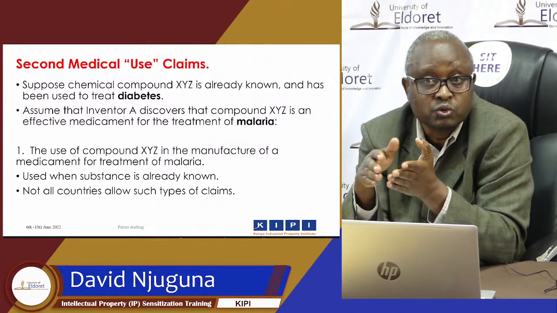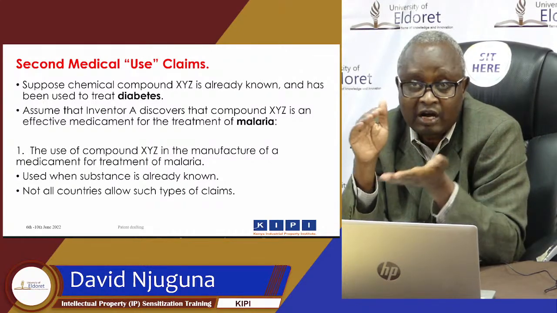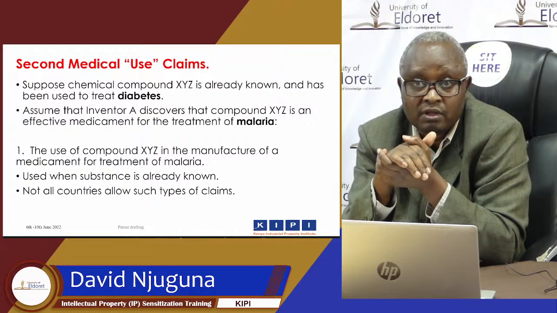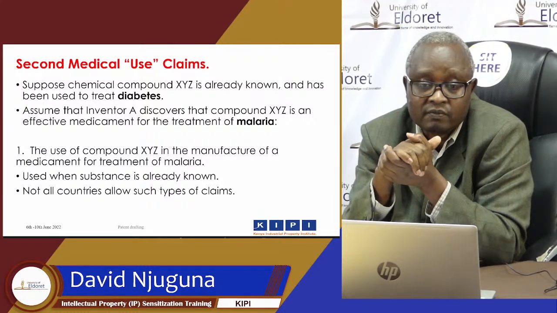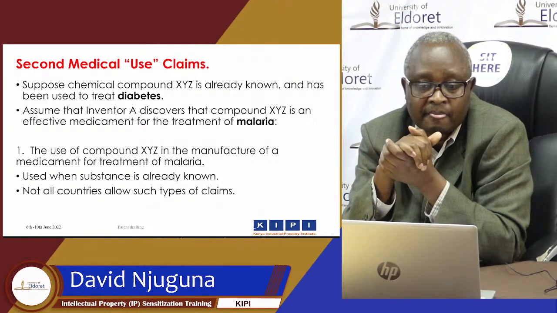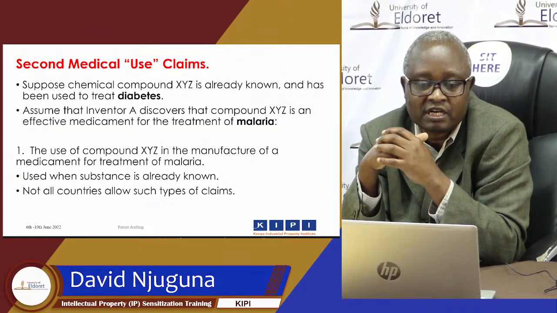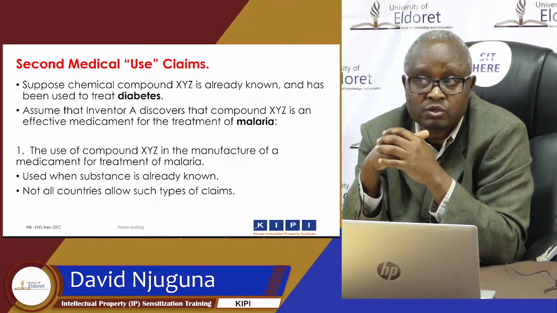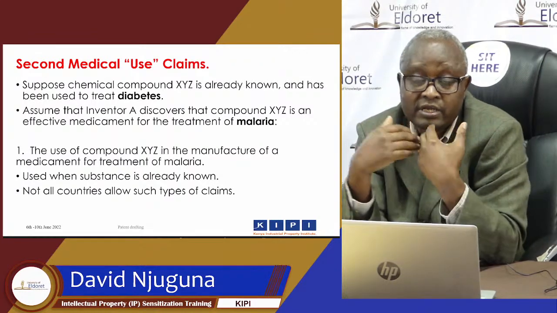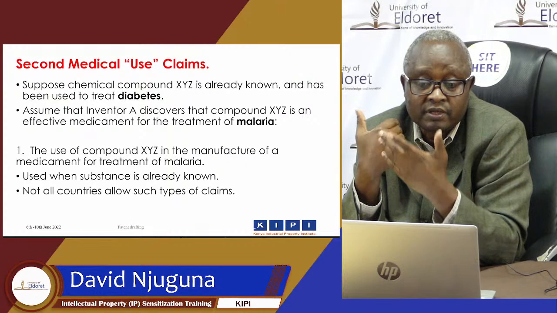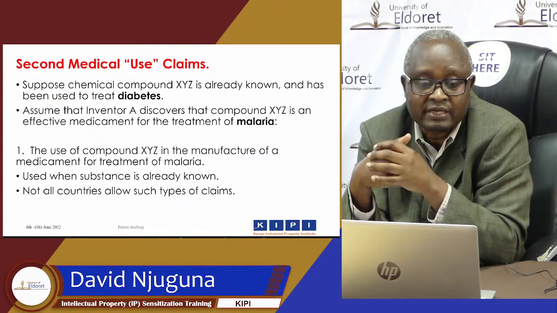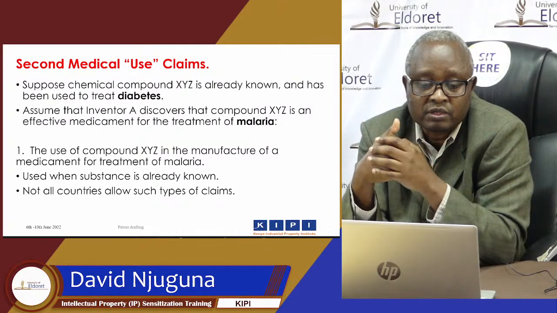So they'll claim the use of that compound for treatment of malaria, the second medical use. The use of a compound XYZ in the manufacture of a medicament for treatment of malaria. It was not being used for treatment of malaria, but somebody has done their research and found that this thing can be used for treatment of malaria. And it's normally used when the substance is already known.